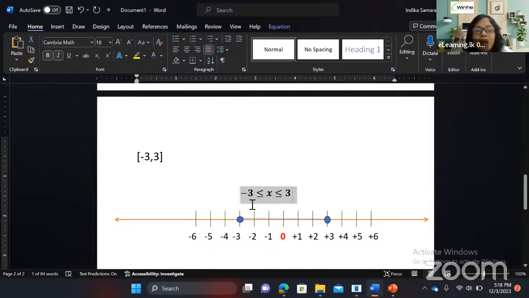Here the endpoints are -3 and +3. We have colored the endpoints because x can be equal to -3 or greater, and also x can be equal to +3 or less. Therefore, we can color both points, then color the numbers in between these endpoints.